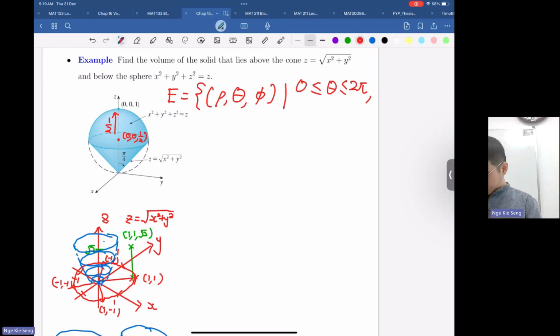So what can you see here? Perhaps this angle is easier.